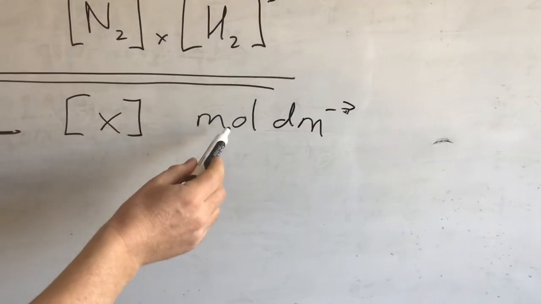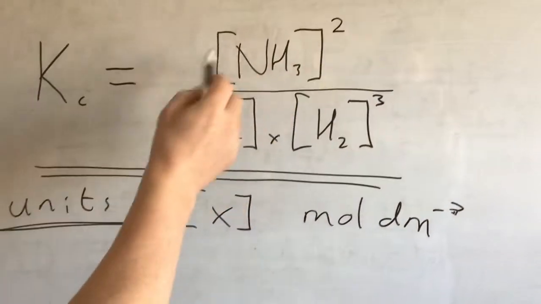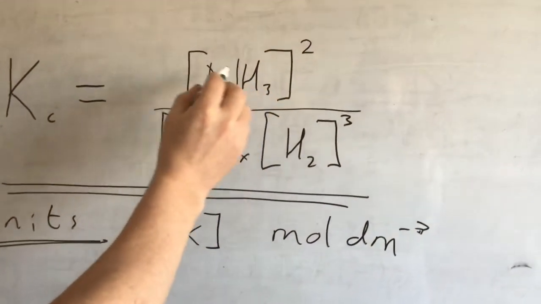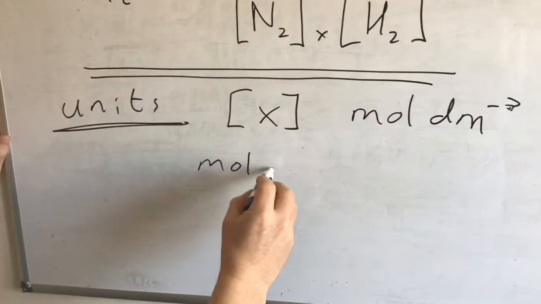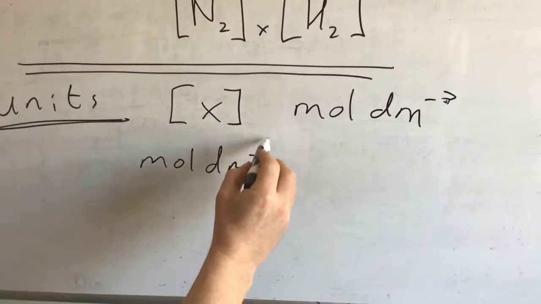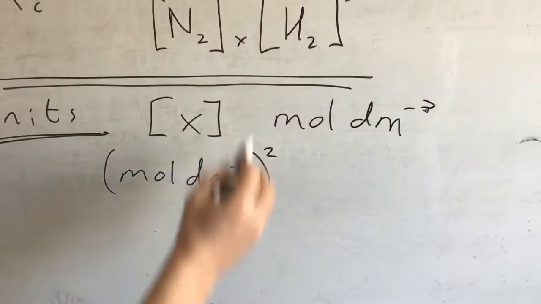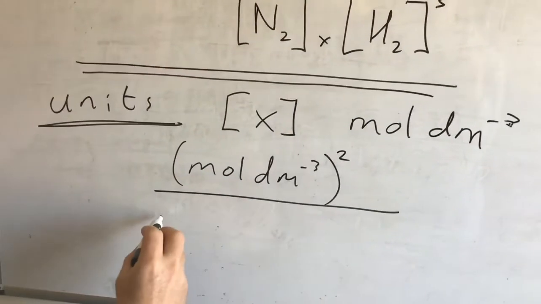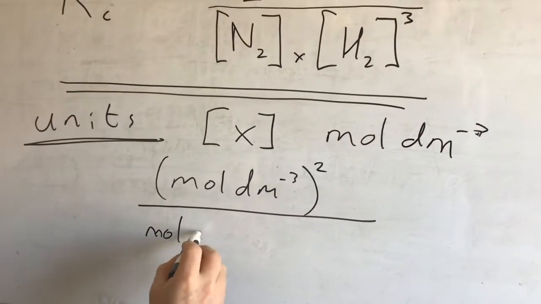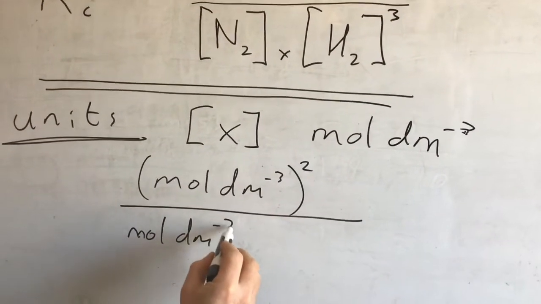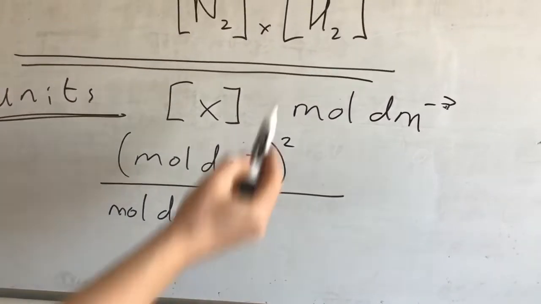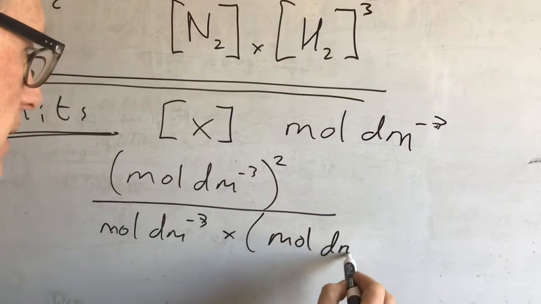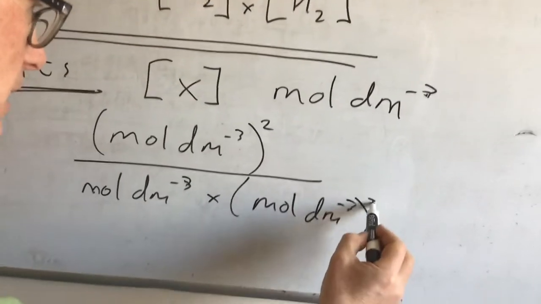So now if we put those units into our expression for Kc, you'll see that the units are moles dm to the minus 3 squared divided by concentration of nitrogen, moles dm to the minus 3, multiplied by moles dm to the minus 3 to the power of 3.